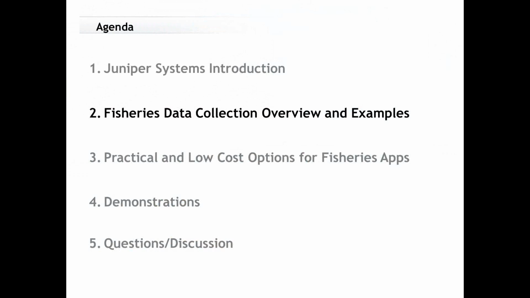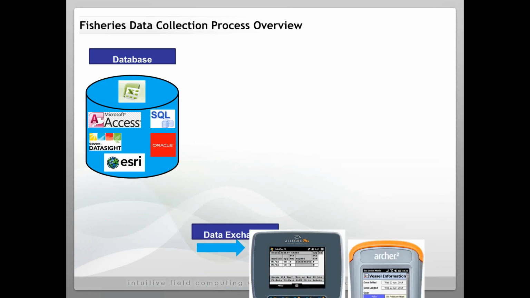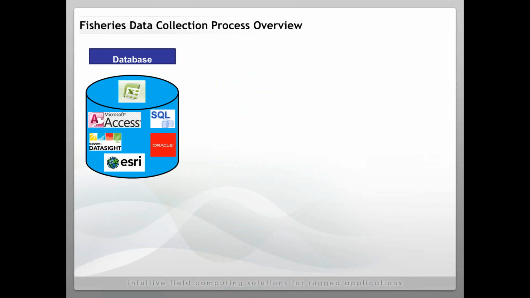Now we're going to talk about the data collection process overview for fisheries types of applications and provide a couple of examples. First, every project generally has some sort of database. That could be an advanced database like an SQL database, Oracle, or Microsoft Access. It could be a geodatabase for geographic information systems, such as Esri ArcGIS.